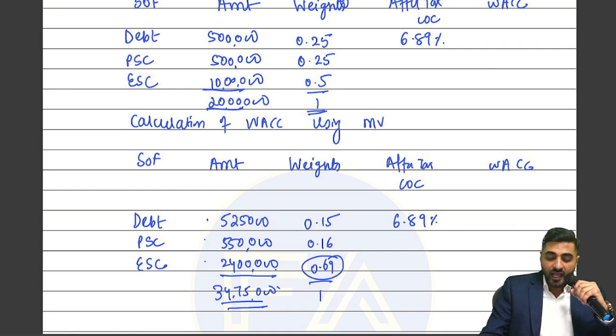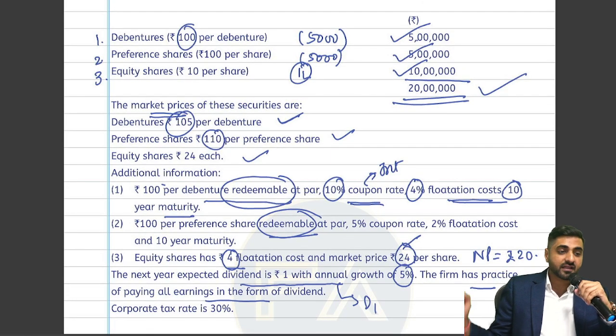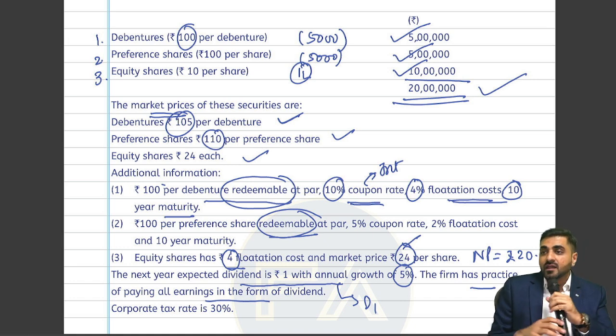Perfect. I'm giving you 2 minutes time. Calculate KP. Give me KP. Though you all are tired, but you have to give me KP. Give me KP.